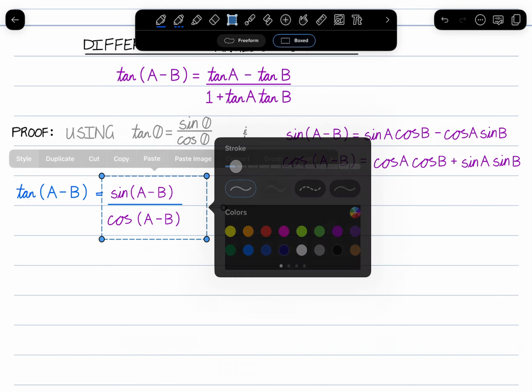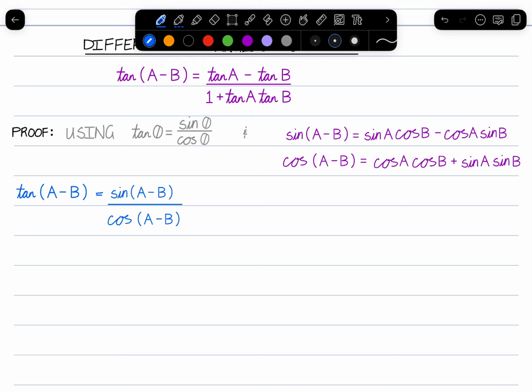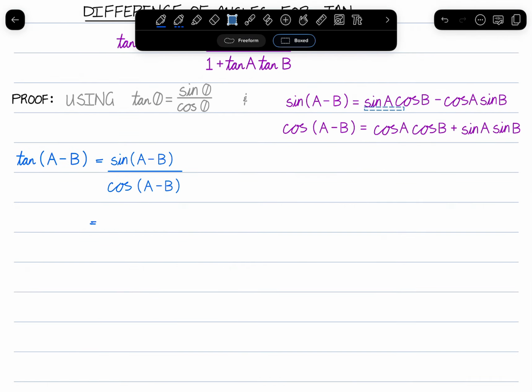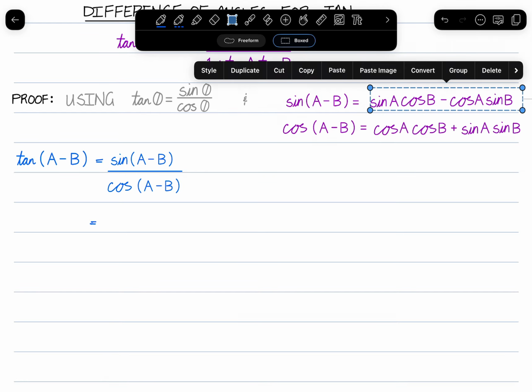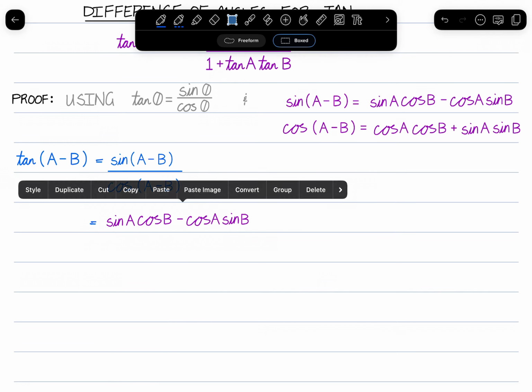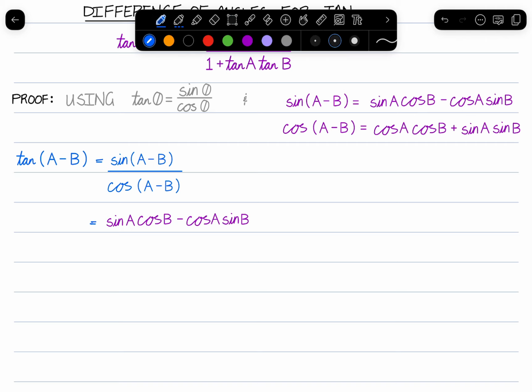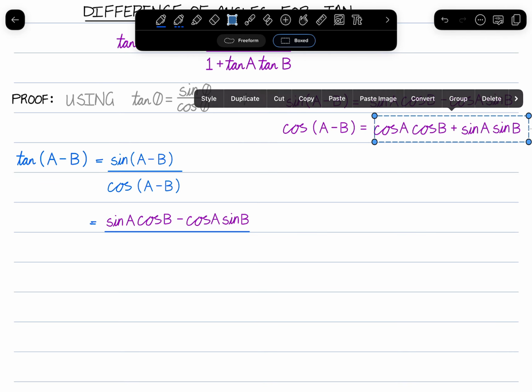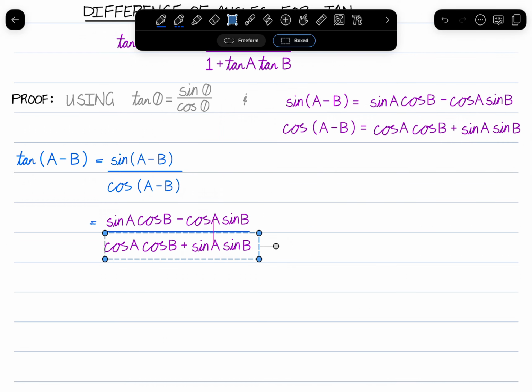There we are. And using these identities, sine A minus B is this identity that we've established before. So copying that. Likewise, our denominator is this identity that we've established before.